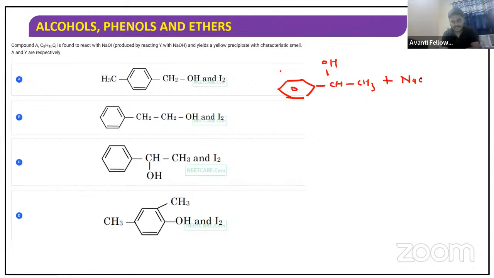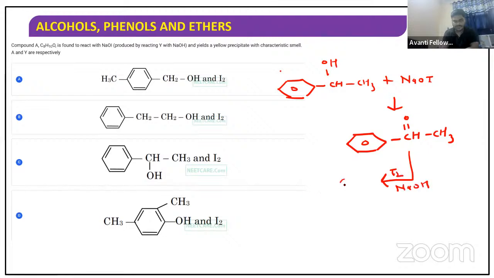So when treated with NaOI they will produce acetophenone, that is C6H5COCH3.